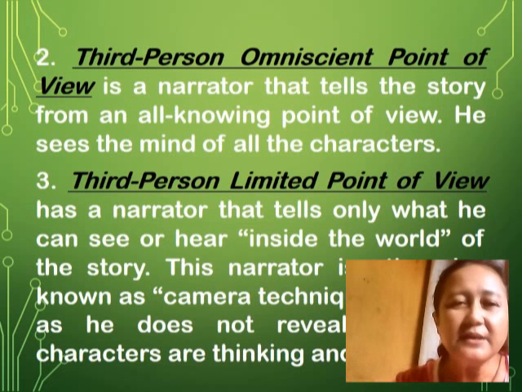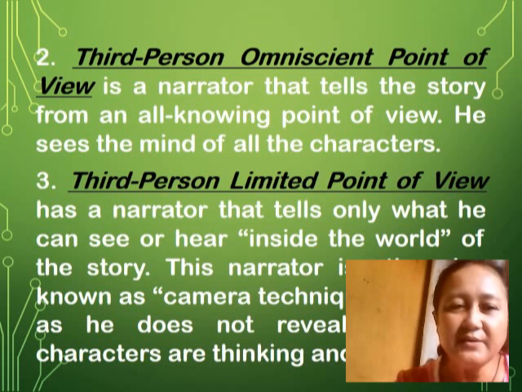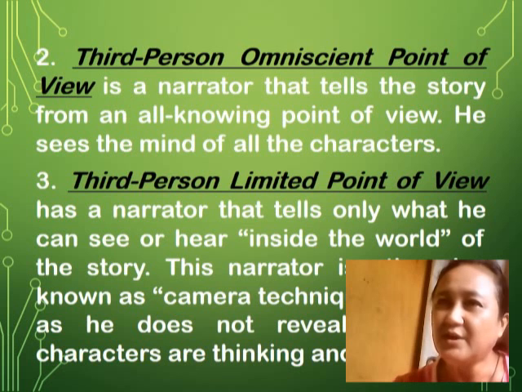Okay, and then the third person limited point of view. Okay, so the narrator tells only what he can see or hear inside the world of the story. So it is the narrator's part in revealing, so it was just like a camera technique. So the narrator is the witness to whatever is happening.